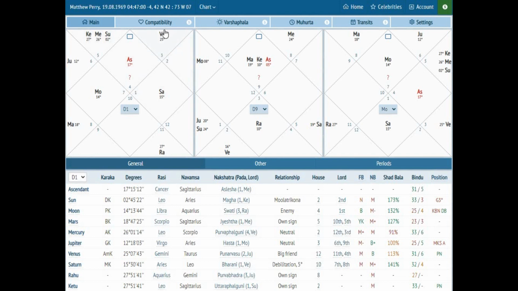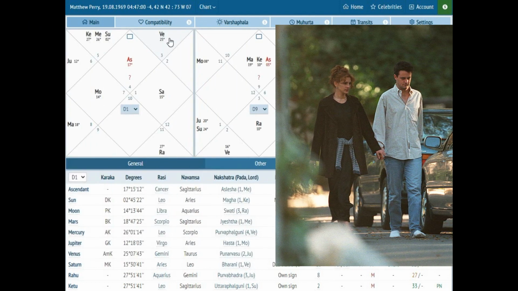And this 12th house is also the house of losses. So here you can see that relationships cannot work out. They can break, you can break up with people, and you have problems with relationships.